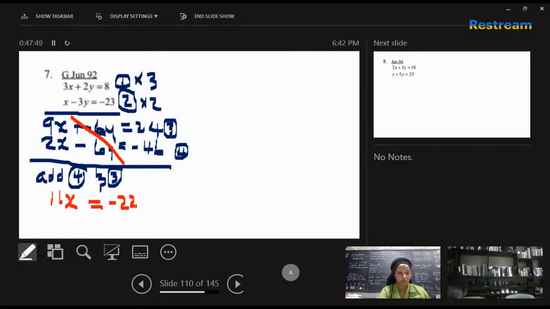Oh yeah, this is elimination method. I've been using this since. The x is equal to negative 22 over 11, and x is equal to negative 2. Using equation 1: 3x plus 2y is equal to 8.